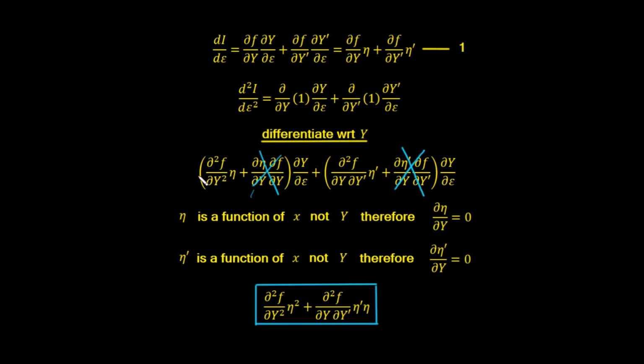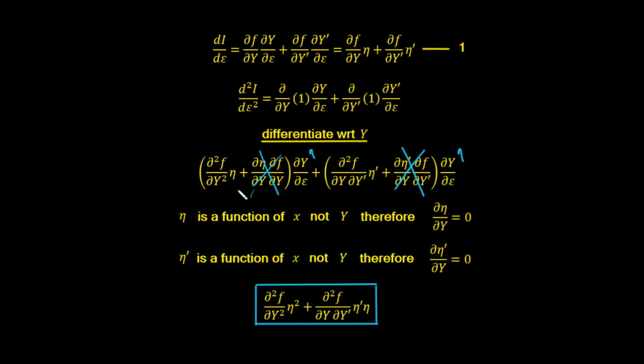So we're going to be left with this times this one here, and this times this one here. But we know that partial y by partial epsilon is nothing other than our value of eta. So this thing here is simply our eta, and this thing here is simply our eta.